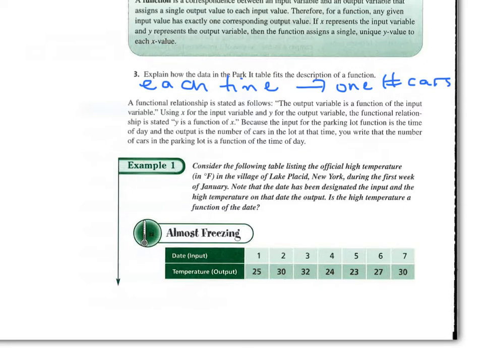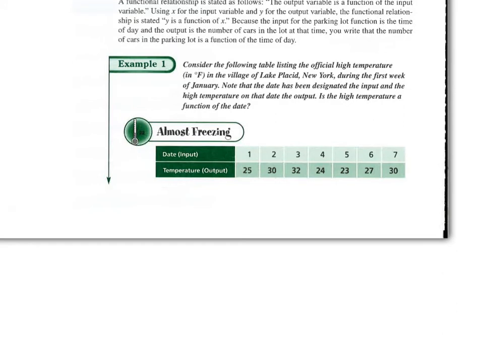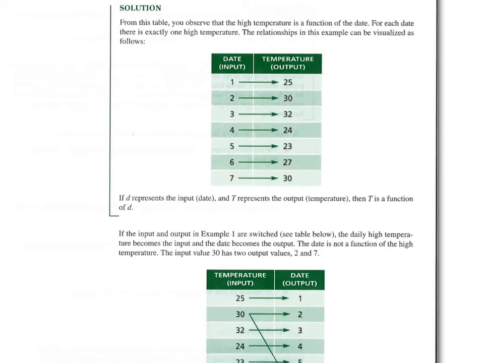Now we're looking at another situation. This one gives us another list of data, and this one is a date and a high temperature during the first week of January. Next they give us this same input-output as a table, and it's helpful to see that input of 1 goes to only 25.